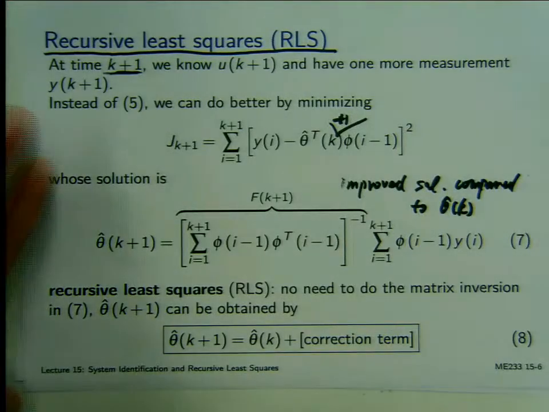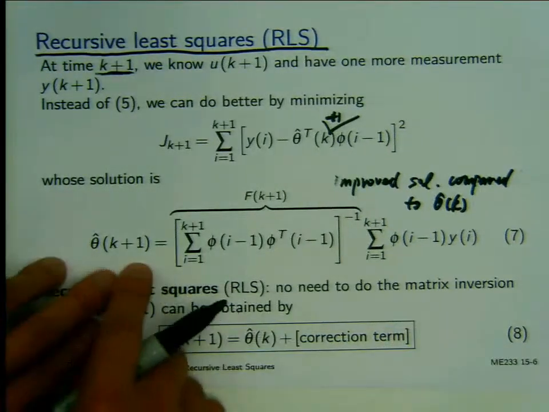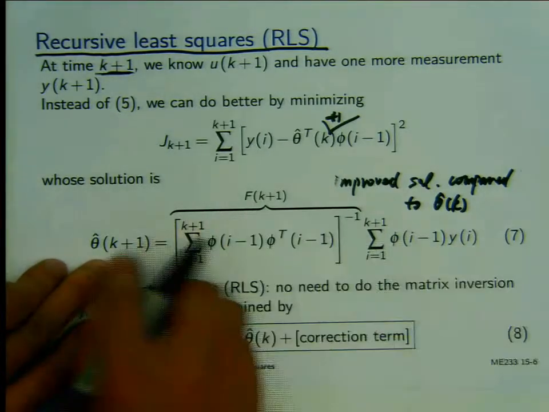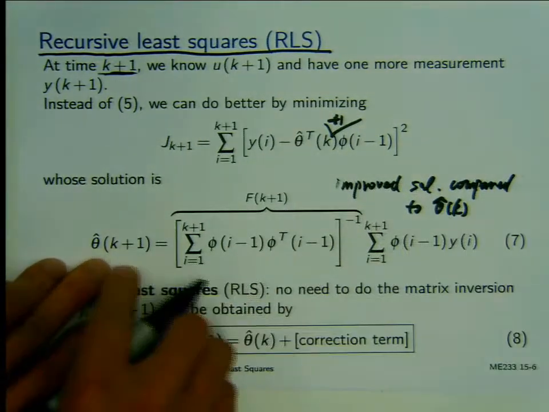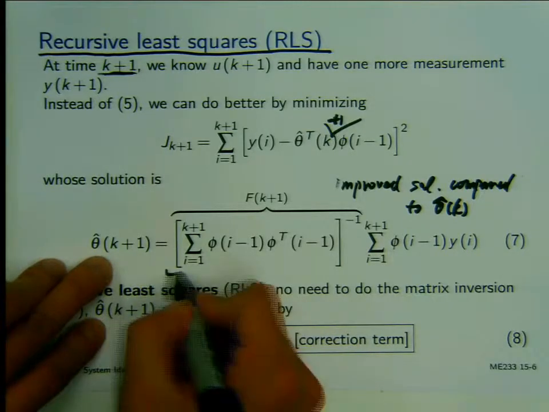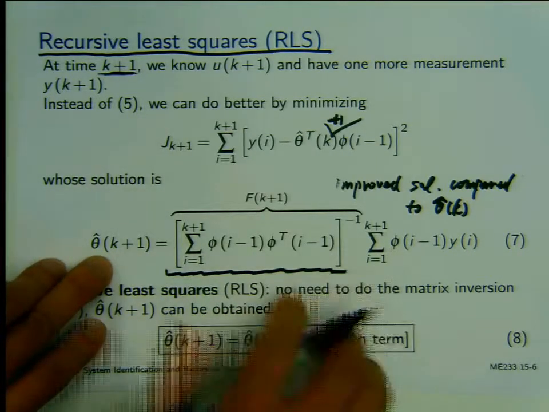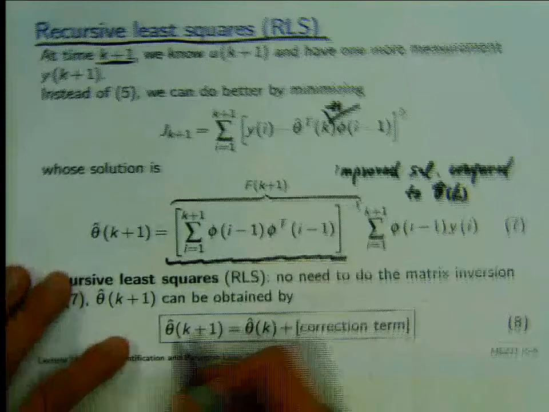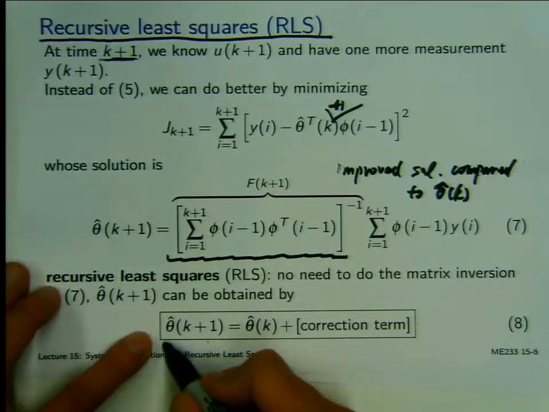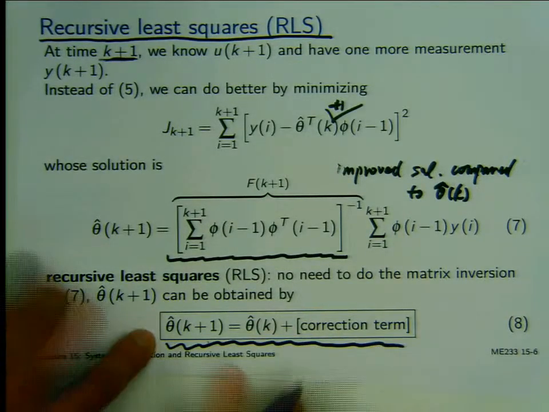It turns out that if you want to do this, you don't need to do this very complicated inverse problem. It turns out the solution theta hat k plus 1 simply equals this guy.